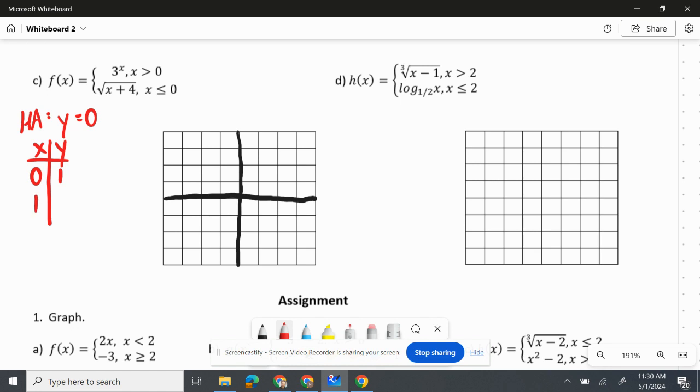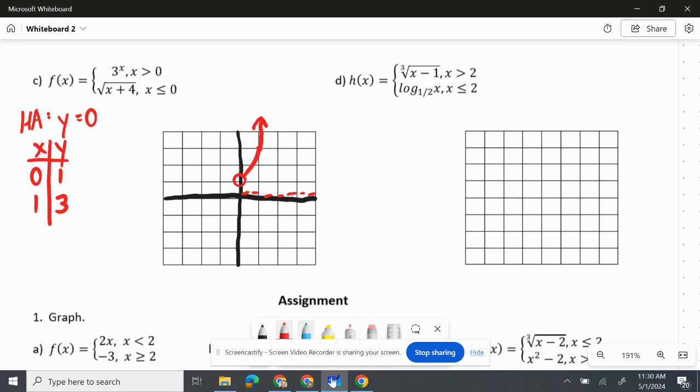Then I'm going to plug in a 1. 3 to the 1 is 3. So I have my horizontal asymptote, which is not very helpful because 0, 1 is an open circle right here. 1, 3 is right here, and it's heading up.